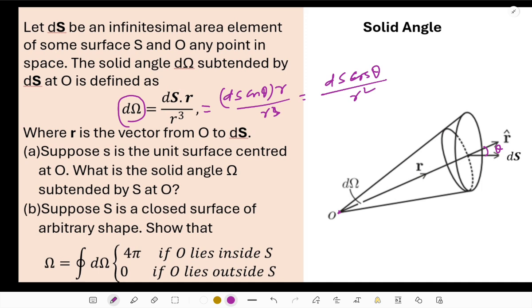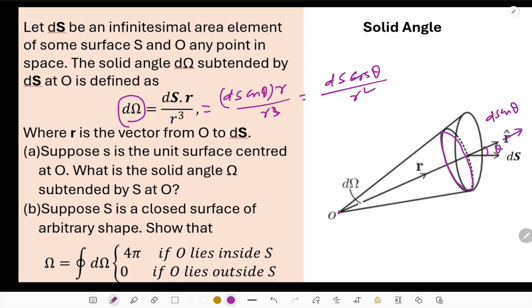And now we come to the next thing. What is the d sigma subtended? d sigma is this in this case, because by definition ds is here, r is here, so the arrow of ds cos theta will always be in the direction of this position vector.